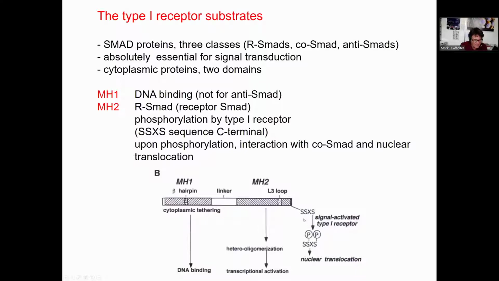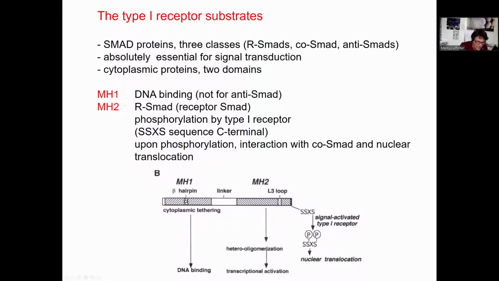And this brings the signal from a membrane-bound activated serine threonine kinase to a cytoplasmic protein, which suddenly is phosphorylated. It wasn't phosphorylated before. And upon phosphorylation, it oligomerizes with Medea and goes to the nucleus. So this phosphorylation leads to the nuclear translocation.